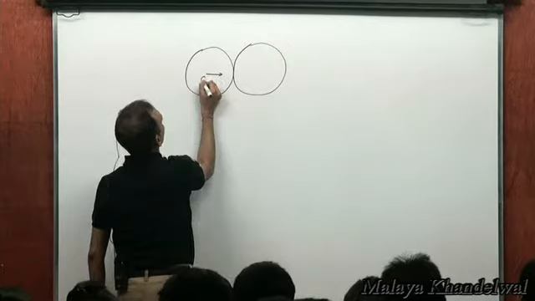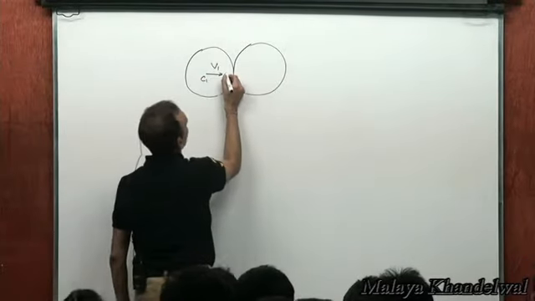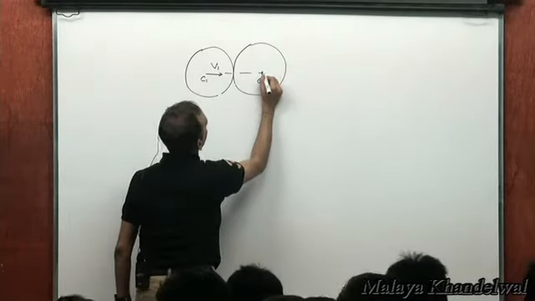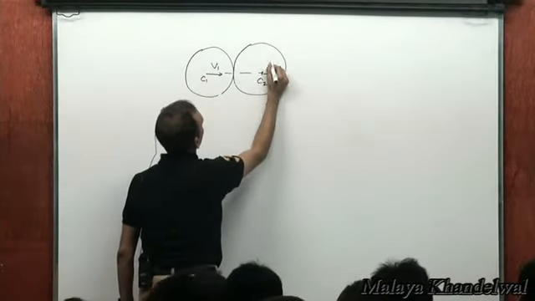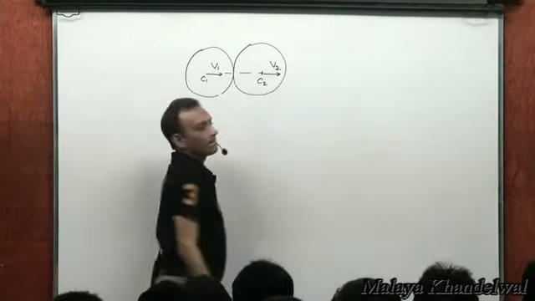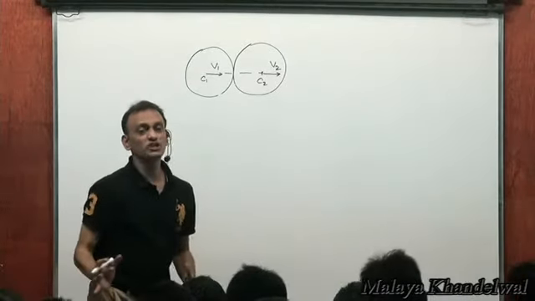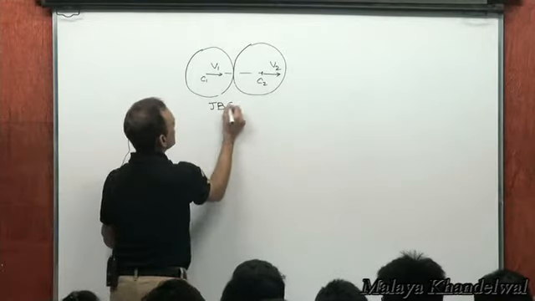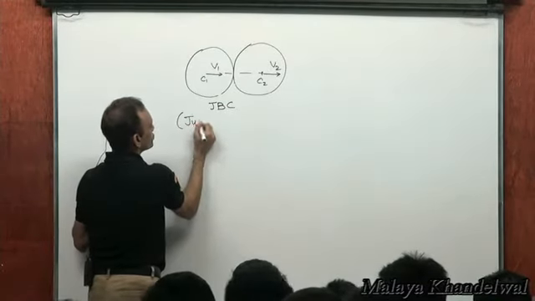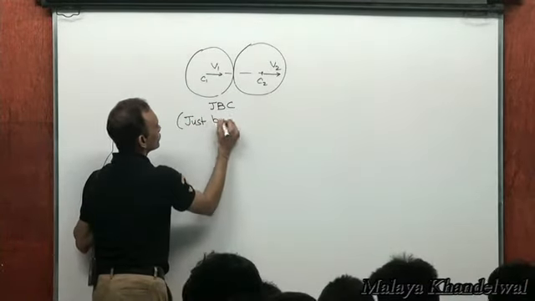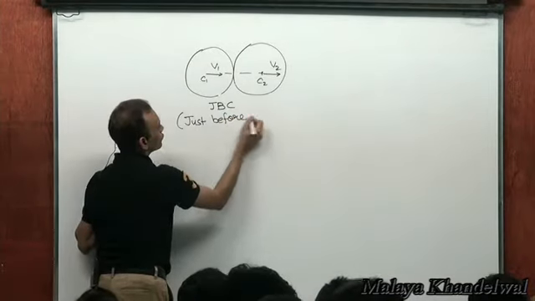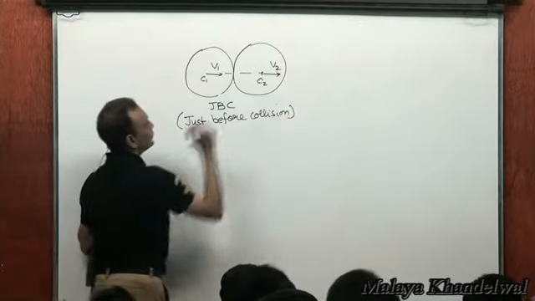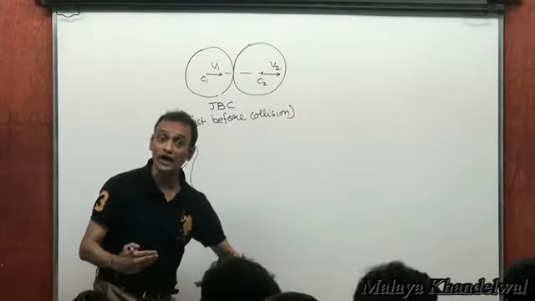Say this one had a velocity v1 along the line joining the two centers, and this one had a velocity v2 along the line joining the two centers. This is a state just before collision, JBC, we'll call it just before collision. They just started to collide.